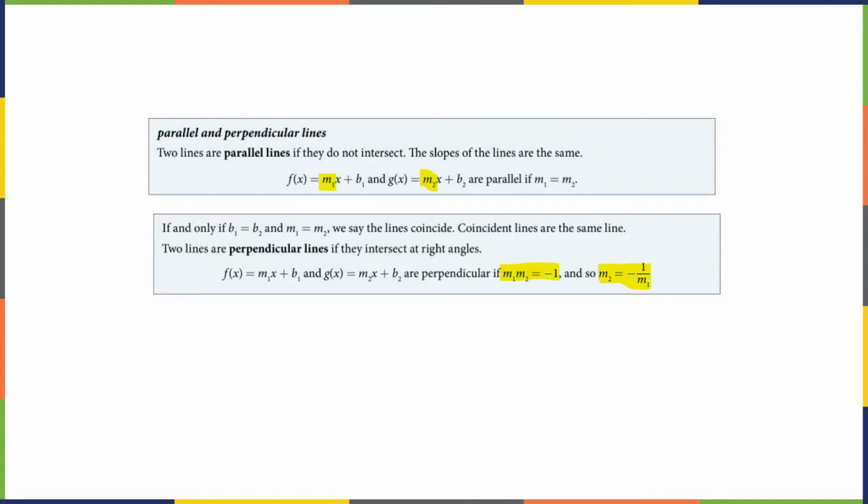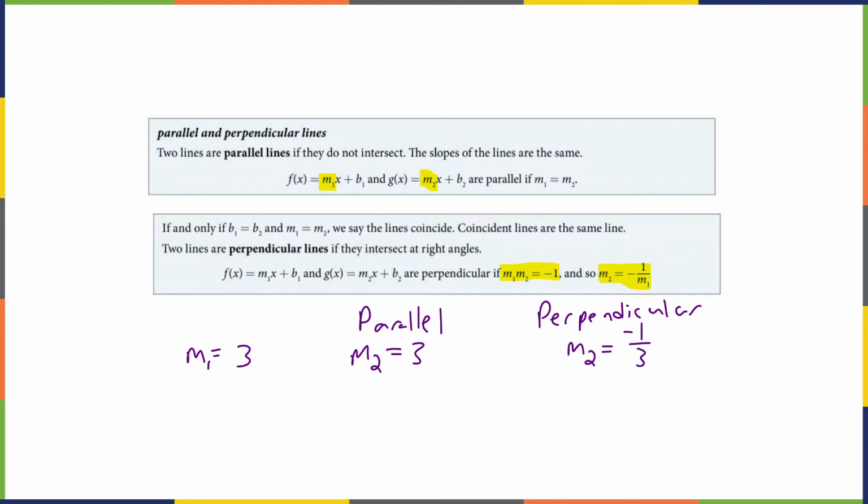Now, in this case, for example, let's say I give you a slope of 3. A parallel line is going to have the same slope. Its second slope is going to be 3. A perpendicular line is going to have the negative reciprocal. Well, the negative reciprocal of 3 is -1 over 3.